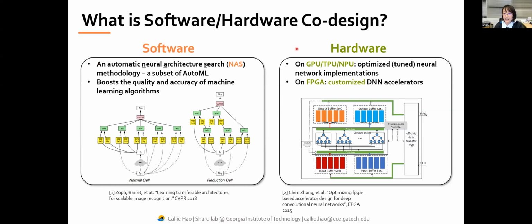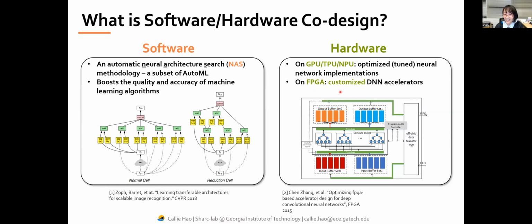In this tutorial, we will introduce the major components of NAS. On the other side, we have hardware design. When we talk about hardware design in this tutorial, we are looking for an optimized or tuned neural network implementation. If we talk about FPGA as the hardware, we will be designing and developing a customized DNN accelerator. Of course, on FPGA we have more freedom, while on CPU, GPU, and NPU we have much less freedom.